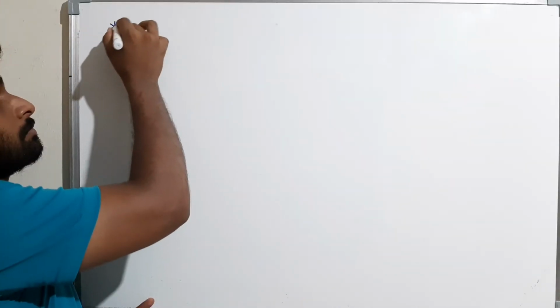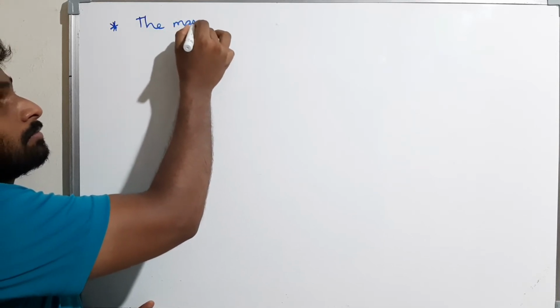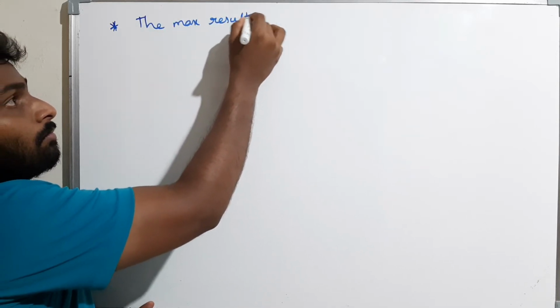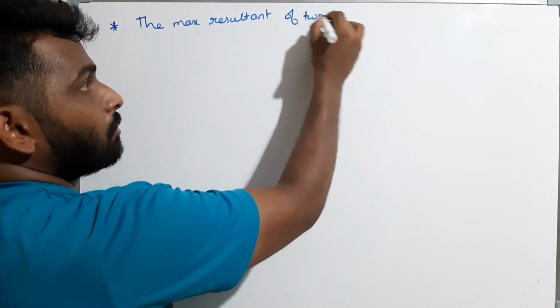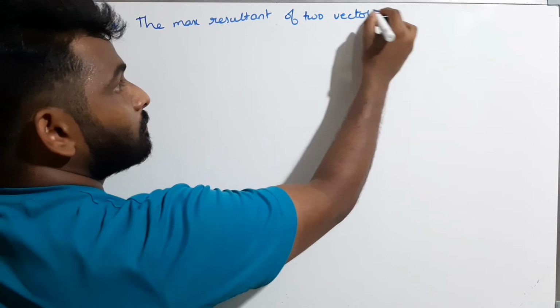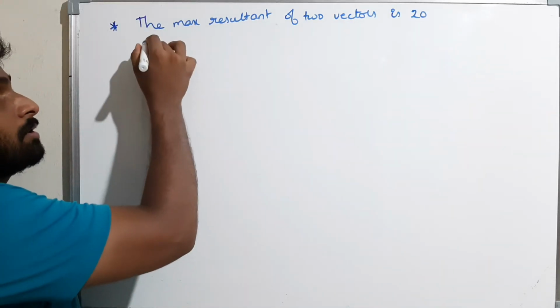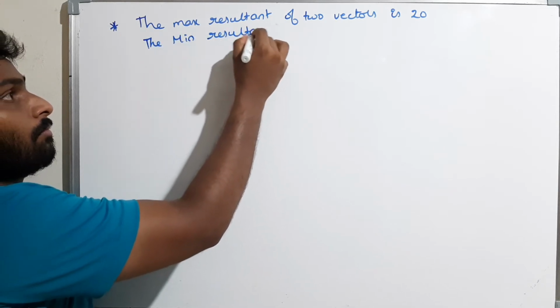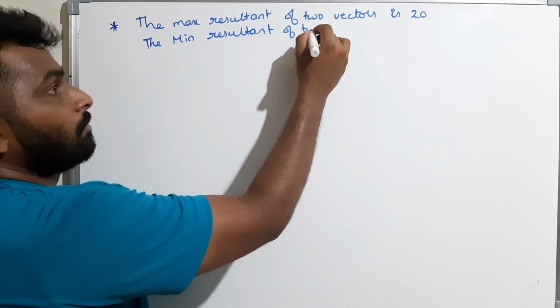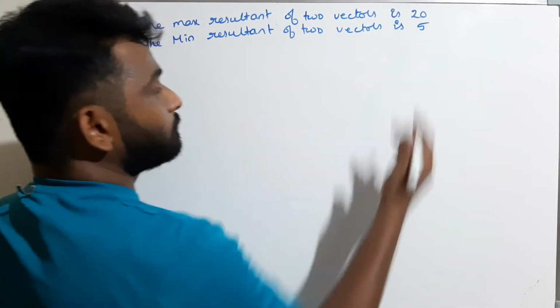Okay, now we'll solve one small problem. See here. The maximum resultant of two vectors is 20, and the minimum resultant of two vectors is 5.